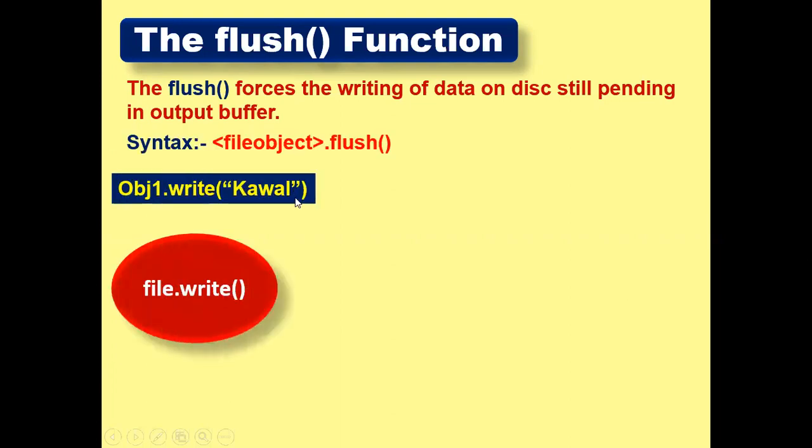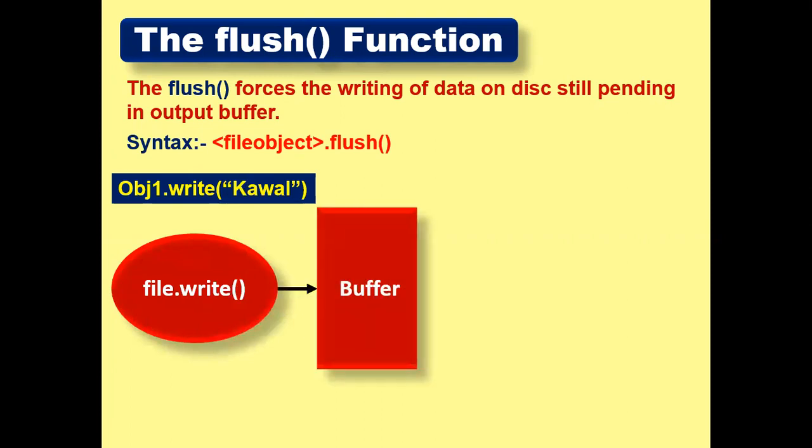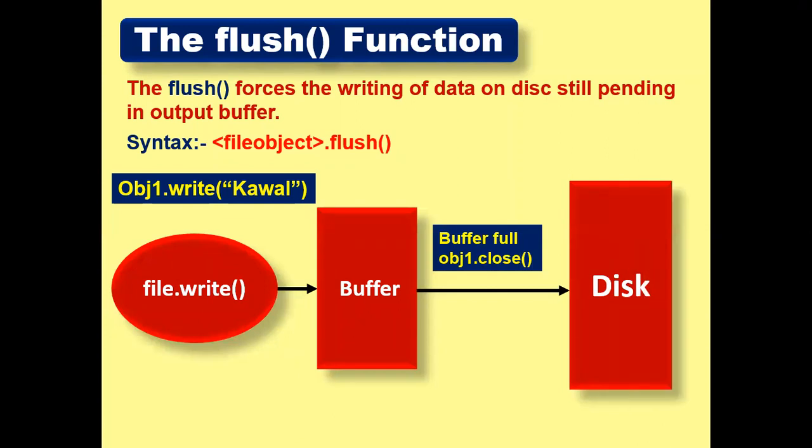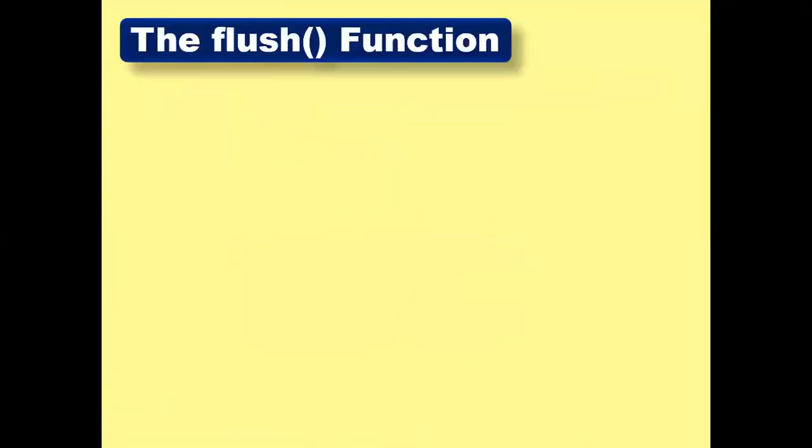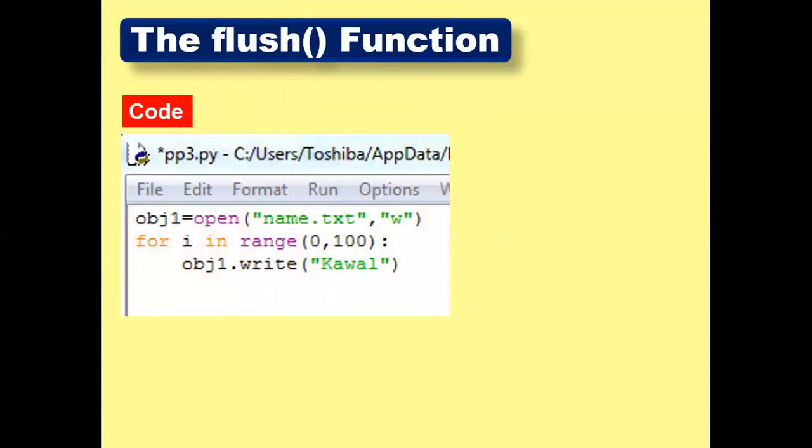This is the pictorial representation: if we are writing obj1.write, the content is stored in a buffer, and we use close to store it, or as an alternate we can use flush to store that into a disk. Now consider this practical demonstration, as we have done also.